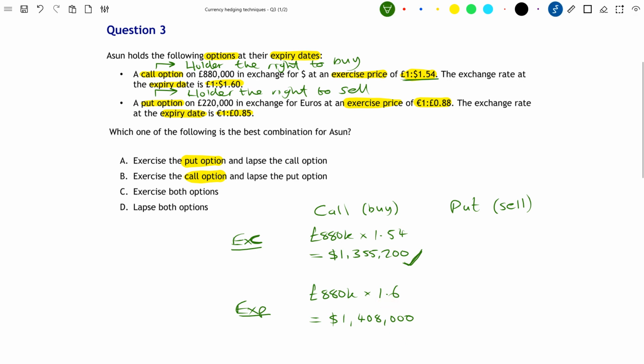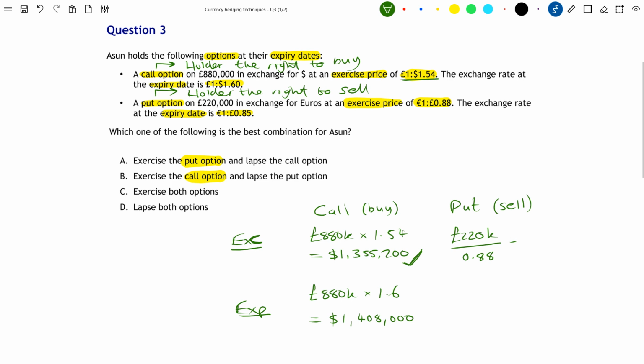Similar principle for the put, but everything's kind of the other way around. So for the put option, it's £220,000. And we need to exchange that at the exercise price, which is €1 to 88 pence. Well, we're given it in pounds. So in order to translate that to euros, we need to divide by 0.88.